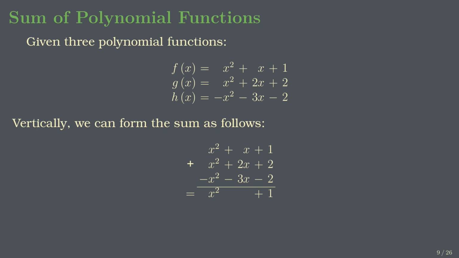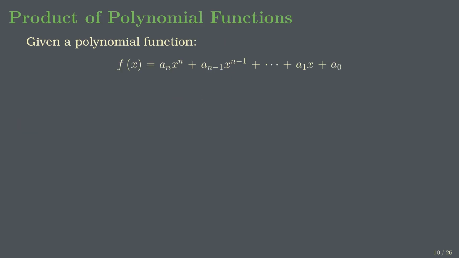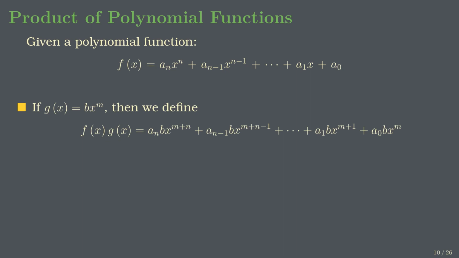Now, after the sum of polynomial functions, the natural thing to think about is to try to define the product of polynomial functions. So we start with the easiest case. Given a polynomial function f(x) as shown in the picture, the first thing that we want to take the product of f(x) with is a polynomial function of the very simple form g(x) equal to b times x to the power m.